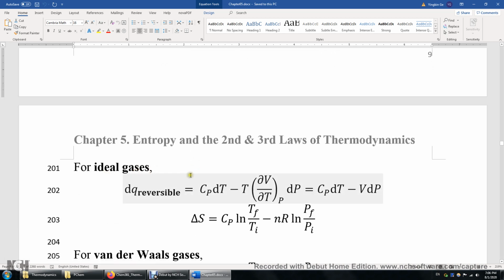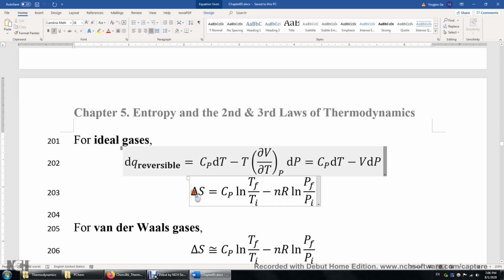For ideal gases, dq reversible is simply Cp dT minus VdP. And then delta S is the integral of dS. The integral of dS is the integral of dq reversible over T. And then we have this formula. The formula is Cp times the logarithm of the temperature ratio minus nR times the logarithm of the pressure ratio.